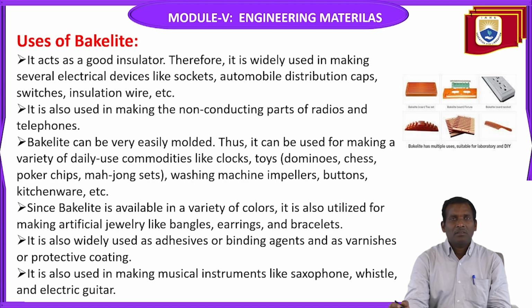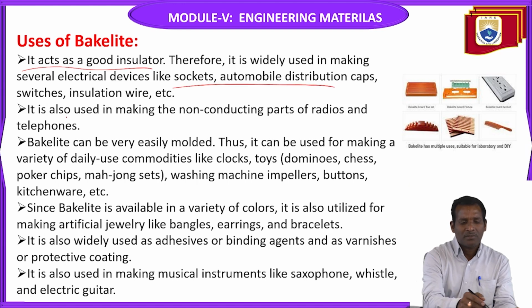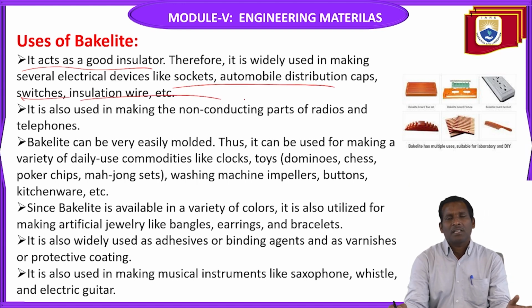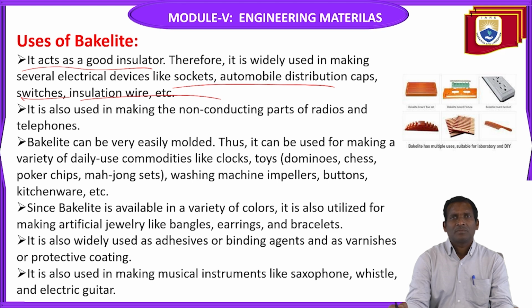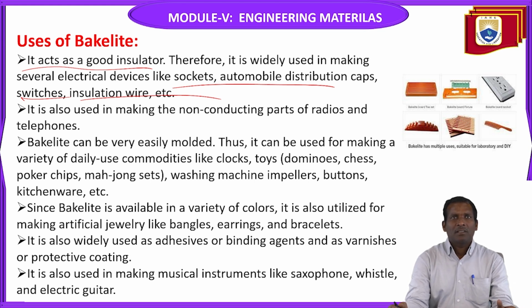Next is the uses of bakelite. It acts as a good insulator, so it is used in making switches. Therefore, it is widely used in making several electrical devices like sockets, automobile distribution caps, switches, and insulation wiring. Wherever heat resistance is required, bakelite acts as a good insulator.